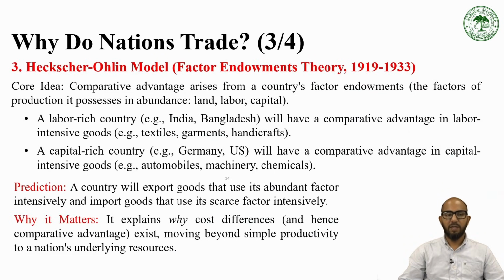In line with that, a labor-rich country, for example India or Bangladesh, will have a comparative advantage in labor-intensive goods such as textiles, garments, and handicrafts. On the other hand, a capital-rich or capital-intensive country, for example Germany or the United States, will have a comparative advantage in capital-intensive goods, for example automobiles, machinery, chemicals.